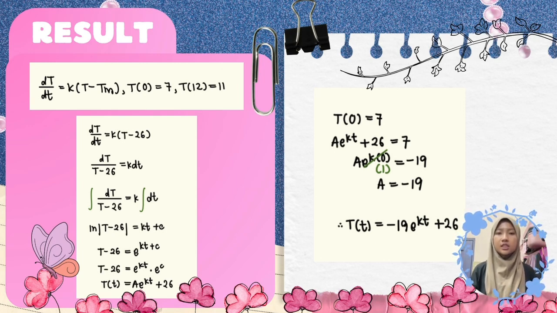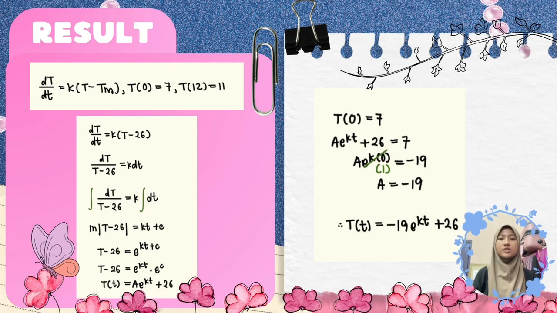T minus 26 equals the exponent power of kt plus c. Then we separate the exponent and get T minus 26 equal to e to the power of kt multiplied by e to the power of c. Then, we get the equation T equals A e to the power of kt plus 26.